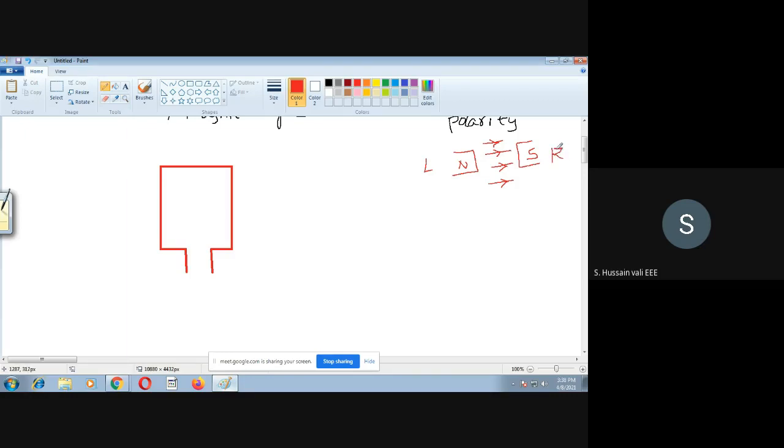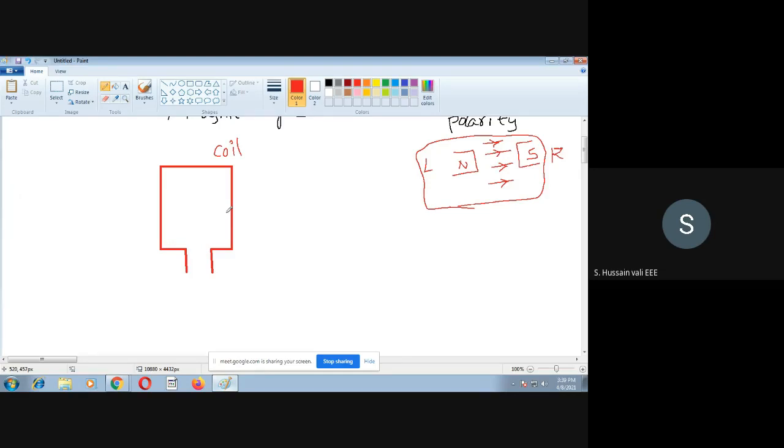So just assume that these flux lines which I have drawn here, which are from left side to right side, and this is a coil, a conducting coil. So behind this coil there is one pole, and in front of that there is another pole.